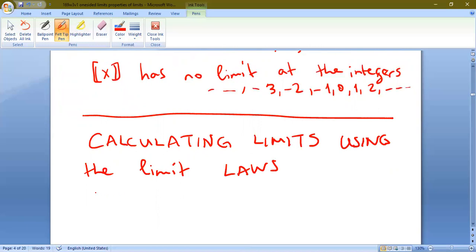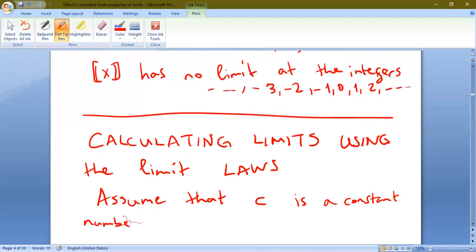So first of all, assume that c is some constant number. So it's just constant. It's always, let's say, 1 or always 2, always -4, whatever.